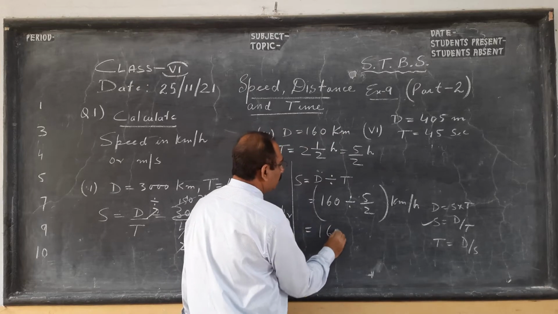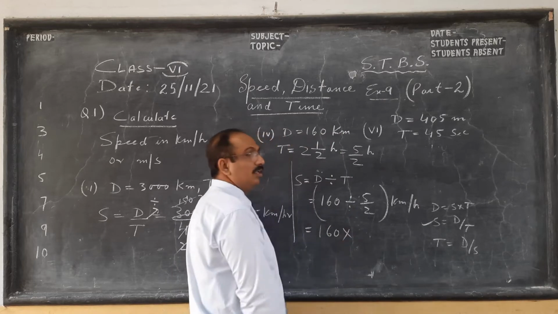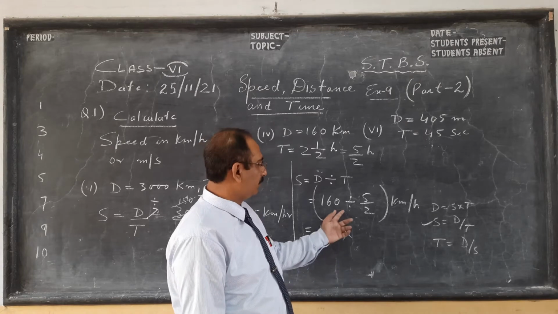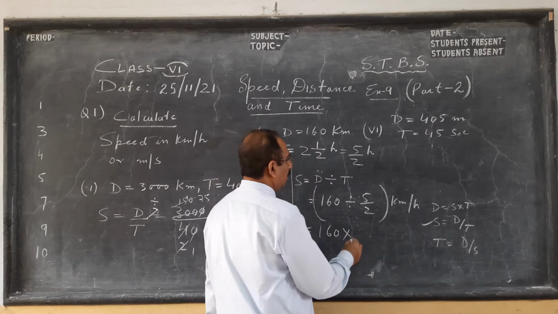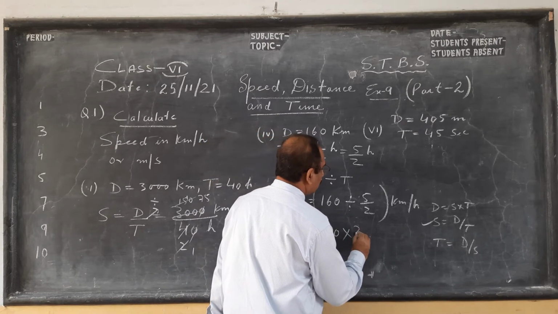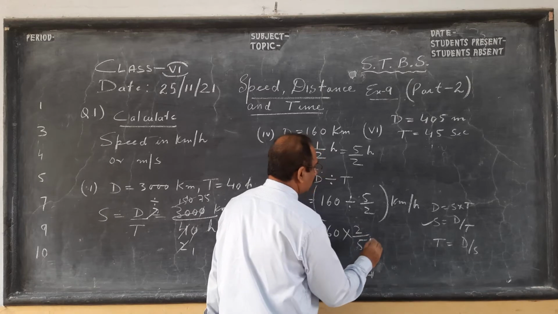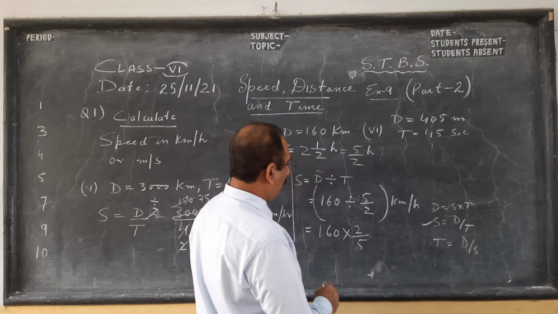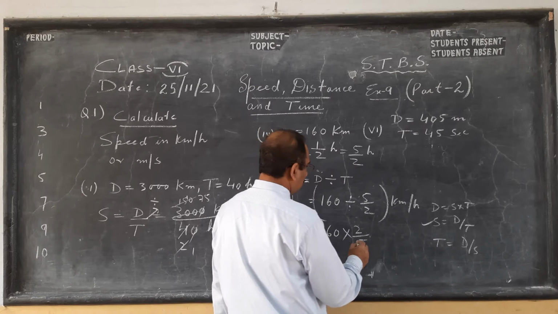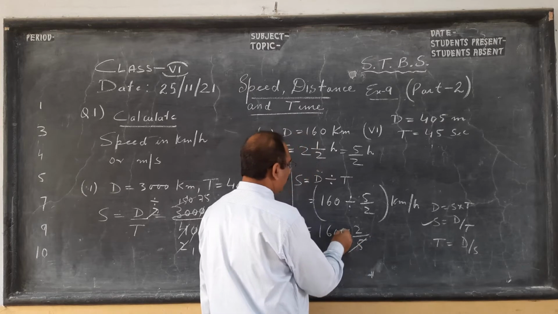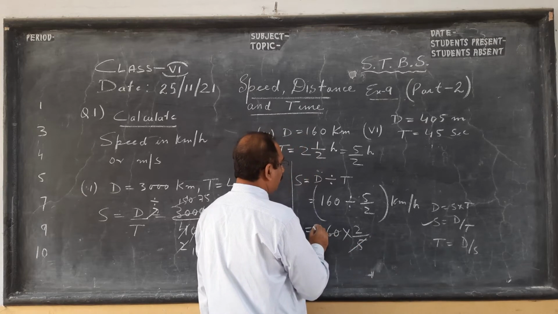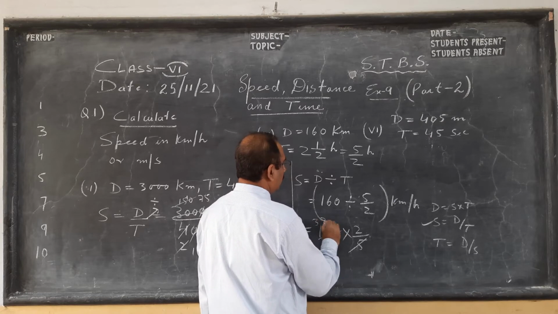So why have I used this division, children? Because we know from simple equations, division becomes multiplication, 2 goes up and 5 goes down. Here we cancel: 5 3s are 15, 5 2s are 10.